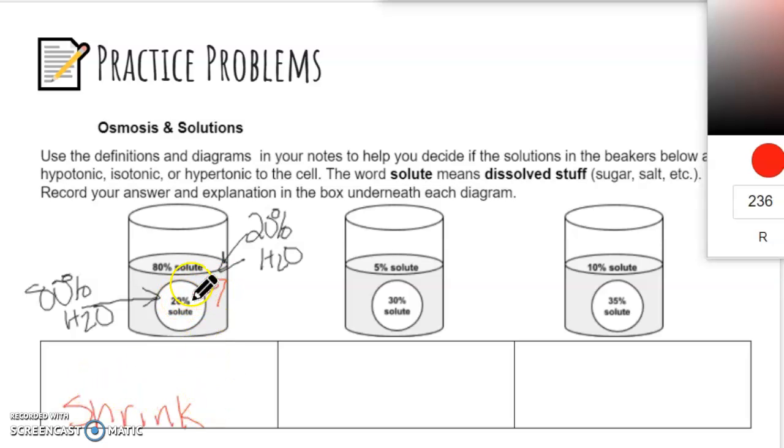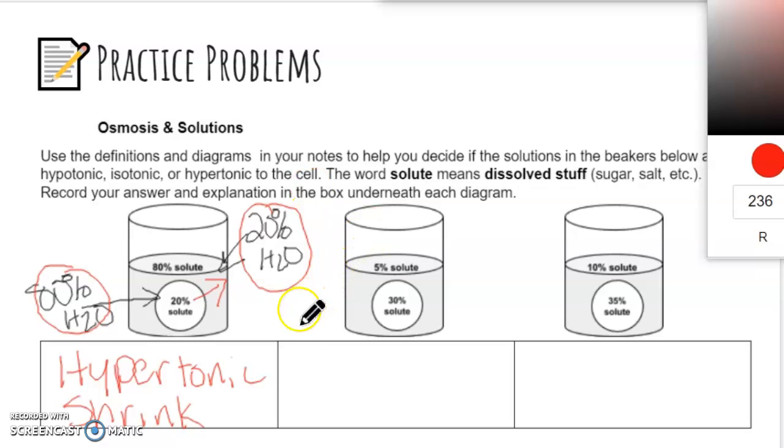And because water is leaving the cell, we have a hypertonic solution. So water is going to go from 80% to the area that is 20% in the cell. So again, it's leaving the cell, and I've denoted that by the arrows here.